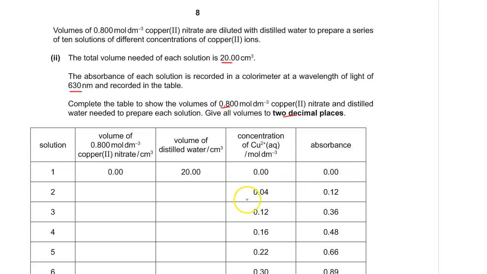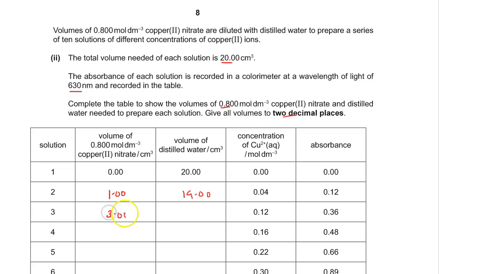Alright, 2 decimal places. So the initial volume, solution 1, was basically water. These can go for 1.1, and this will now become 19. Of course, can go for 2 or even 3.